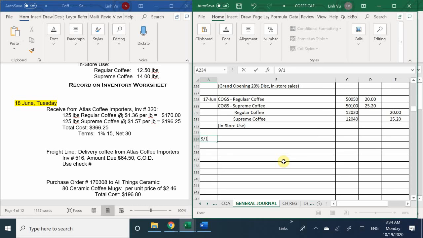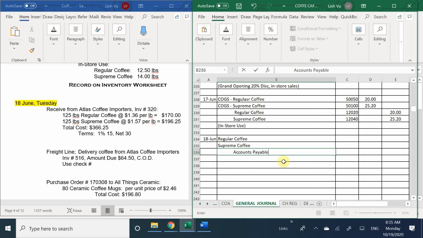On June 18th, we'll do regular coffee and supreme coffee, and we'll do accounts payable. Supreme coffee and accounts payable. Debit, a credit, I should say.